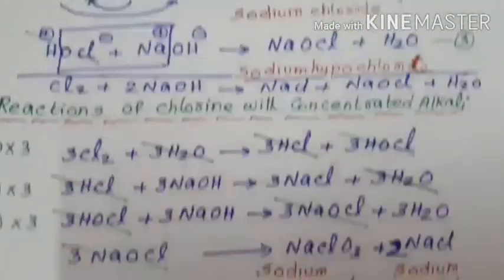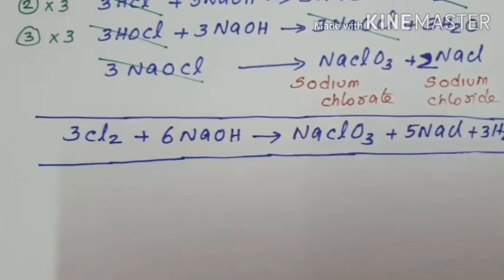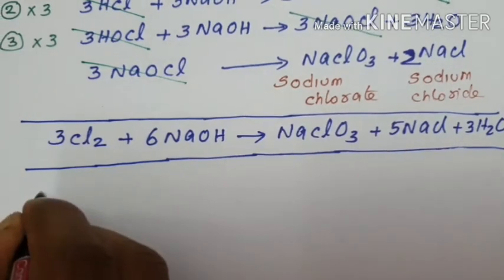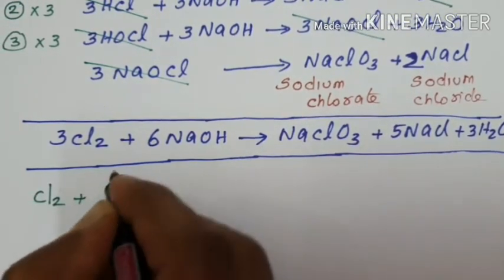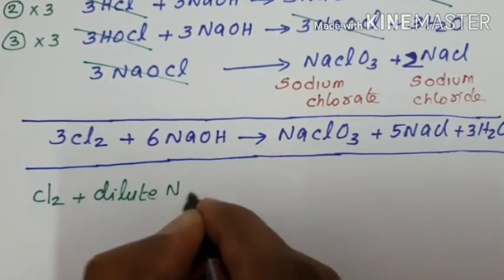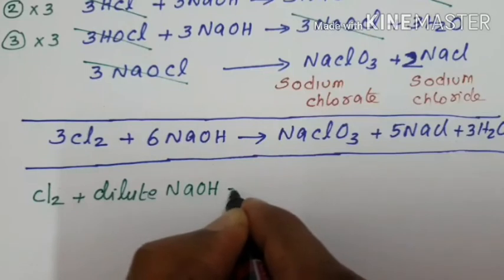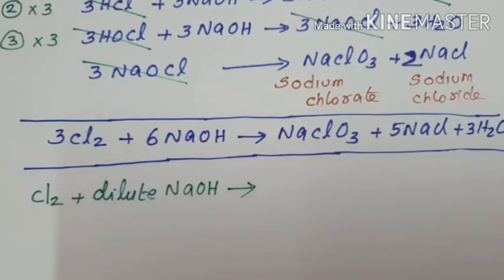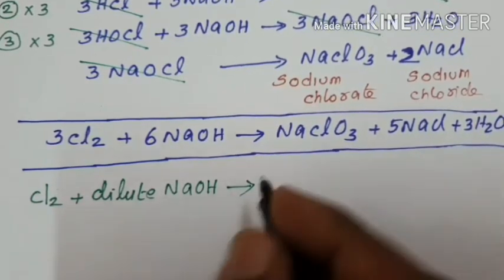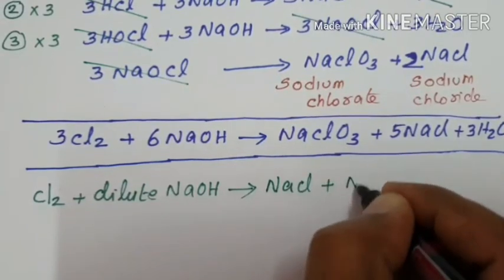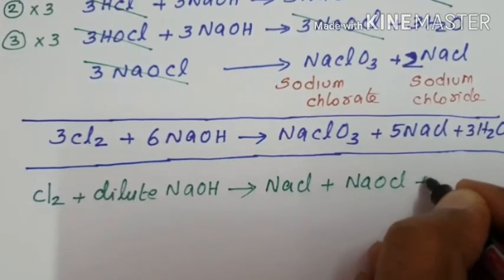So our final conclusion of the reactions of alkali with chlorine is: chlorine when treated with dilute NaOH gives the products sodium chloride NaCl and NaOCl along with H2O.